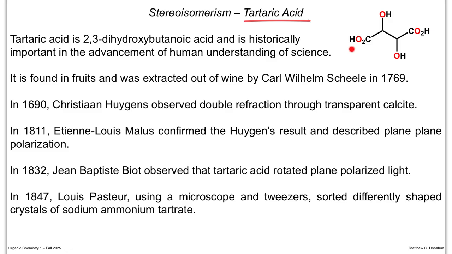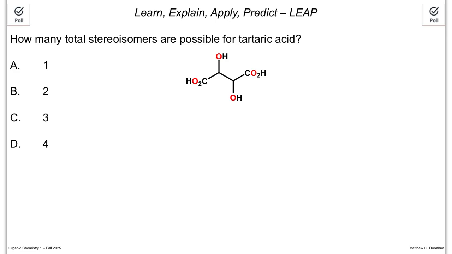So sodium as one cation and then ammonium of the other. So of this compound, two different crystal forms were observed in terms of enantiomeric crystals, like not overlapping one another. And then that cascaded into how is this possible in terms of what is the molecular structure responsible for that. So how many stereoisomers are possible for tartaric acid?